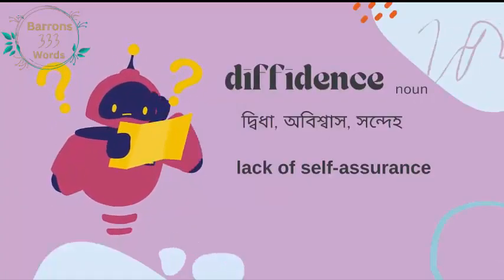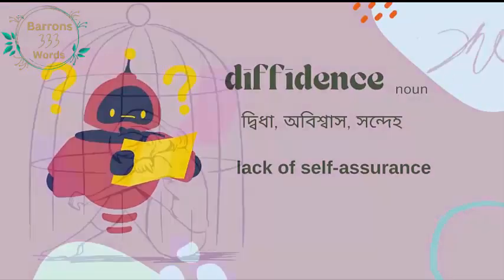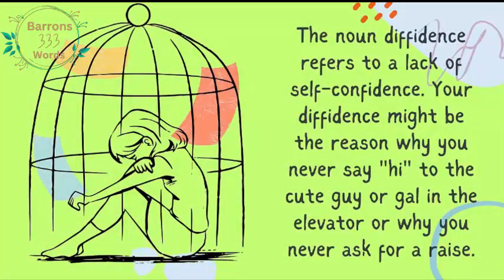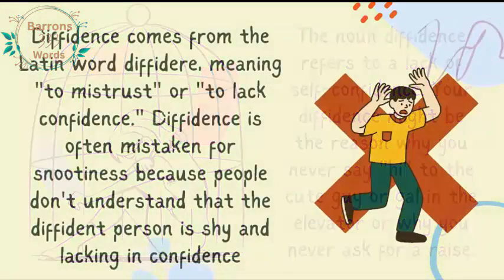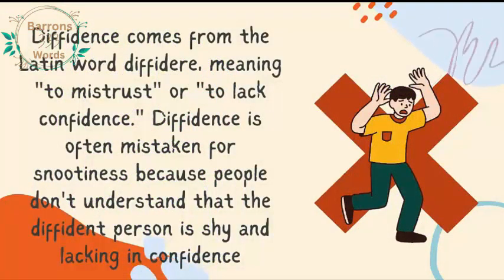Diffidence. The noun diffidence refers to a lack of self-confidence. Your diffidence might be the reason why you never say hi to the cute guy or gal in the elevator, or why you never ask for a raise. Diffidence comes from the Latin word diffidere, meaning to mistrust or to lack confidence. Diffidence is often mistaken for snootiness because people don't understand that the diffident person is shy and lacking in confidence.